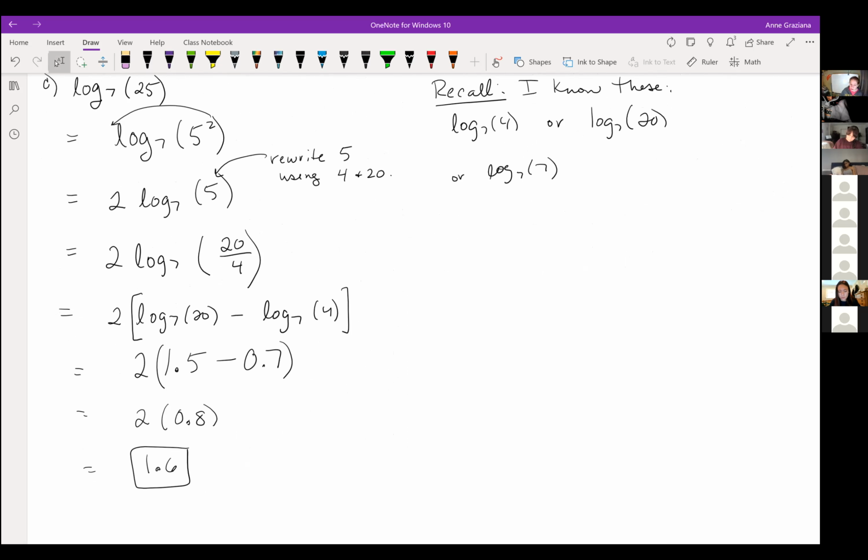So you can see, in part B, when we just had 16, you can write that as 4 squared. That was pretty straightforward. Sometimes you have to do a little more work.